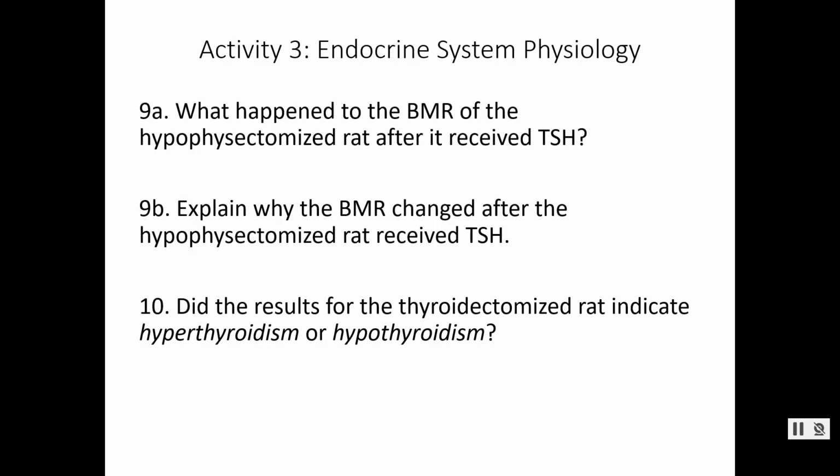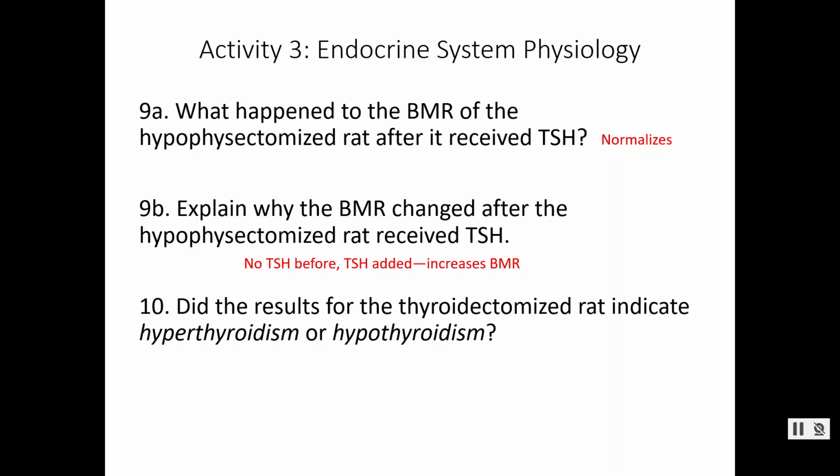What happened to the BMR of the hypophysiectomized rat after it received TSH? And explain. It normalizes. Your hypophysiectomized rat has had its pituitary gland removed, so we were not secreting thyroid stimulating hormone. You have now compensated for that by adding TSH. So you are now stimulating your thyroid to release its own thyroid hormone.